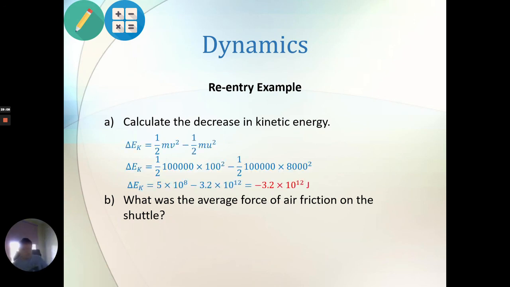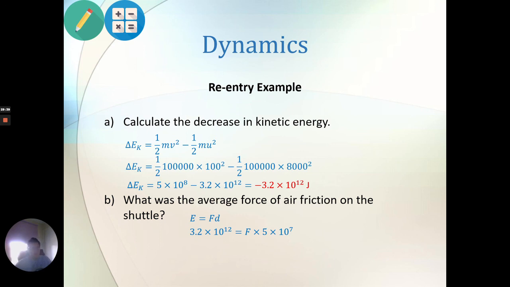So then we've got to figure out what was the average force of air friction on the shuttle. Well, that kinetic energy was lost, so it dropped down, and that was changed into the force that was caused by the force of friction. So our energy here, used to slow it, is 3.2 times 10 to the 12, which is all converted into mostly heat.